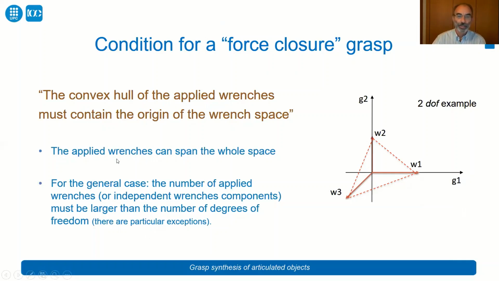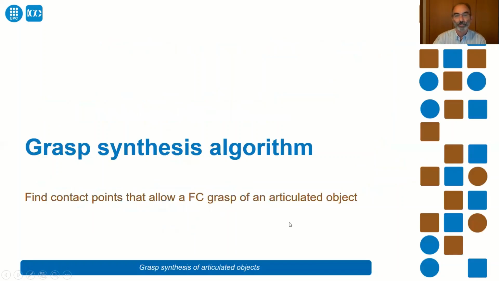So in this way, the applied wrenches can span the whole space, and therefore a combination of these wrenches can generate any wrench that can counterbalance any perturbation. And for the general case, the number of applied wrenches, or independent wrench components if we are working with friction, must be larger than the number of degrees of freedom. There are some particular exceptions, but we will not enter into this now.